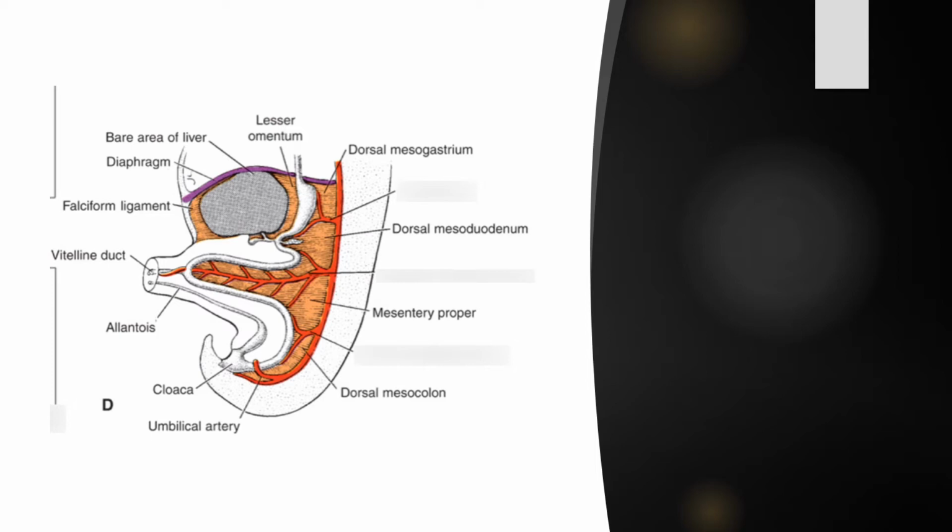The superior pancreaticoduodenal artery is a branch of the celiac artery, which is the artery of the foregut. The inferior pancreaticoduodenal artery is a branch of the superior mesenteric artery, which is the blood supply to the midgut. So by seeing the nature of this blood supply, we can understand that the duodenum is developed from two sources.